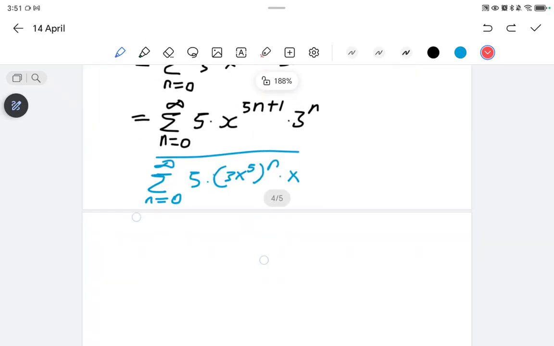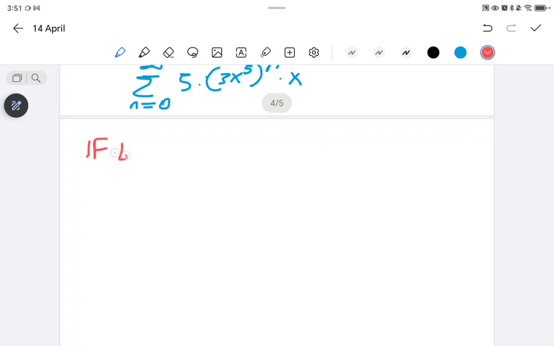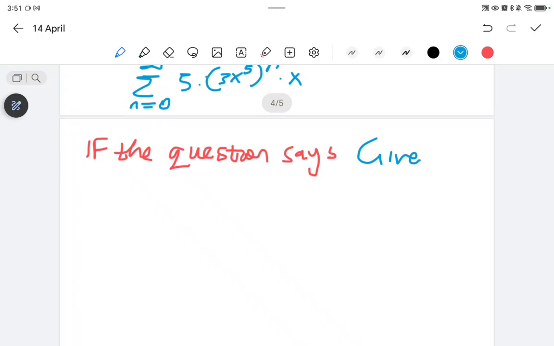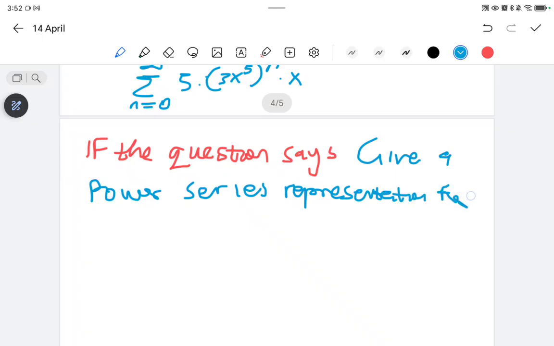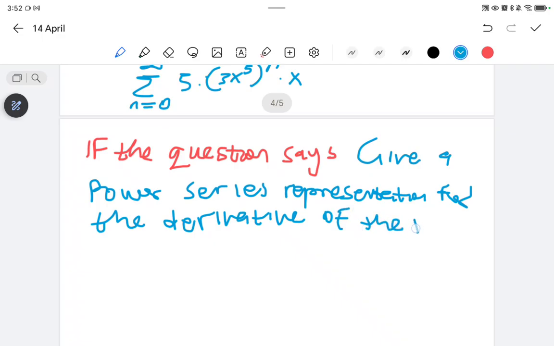But if the question says, give a power series representation for the derivative of the following function.